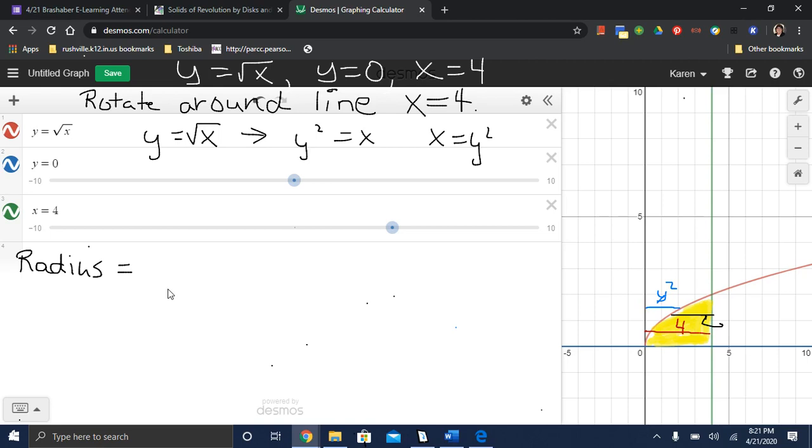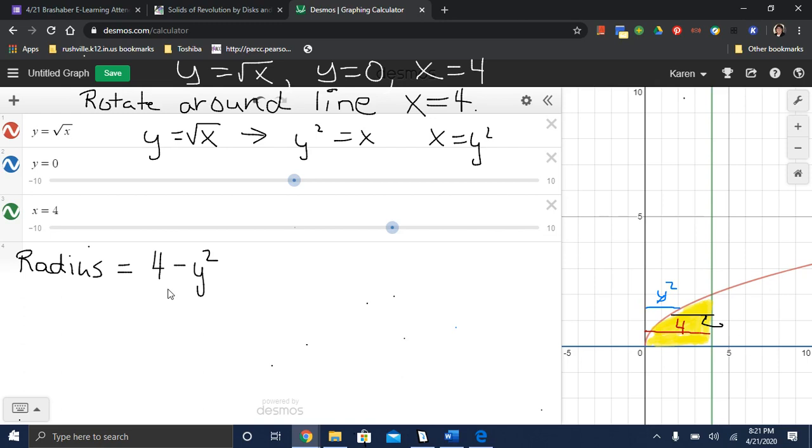So hopefully you can see that the black line segment that I've drawn, the radius that we want, is actually taking the 4 and subtracting away the y squared measurement. So the radius that we're going to use in this problem is 4 minus y squared. And really, that's probably the most difficult part of the problem.